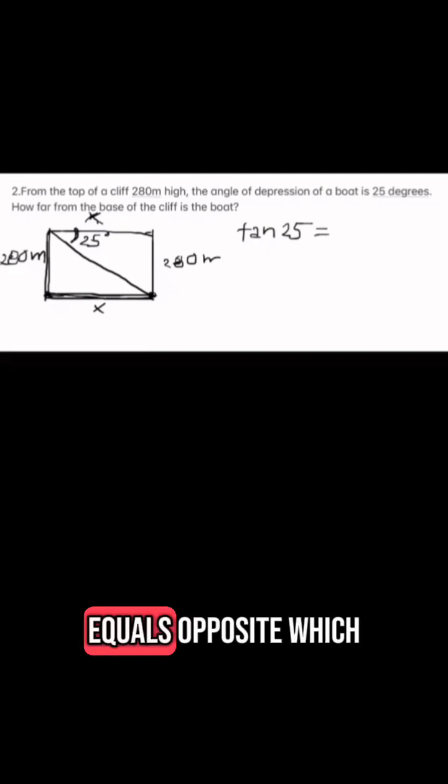So we have tangent of 25 equals opposite, which is 280, over the adjacent, which is x.